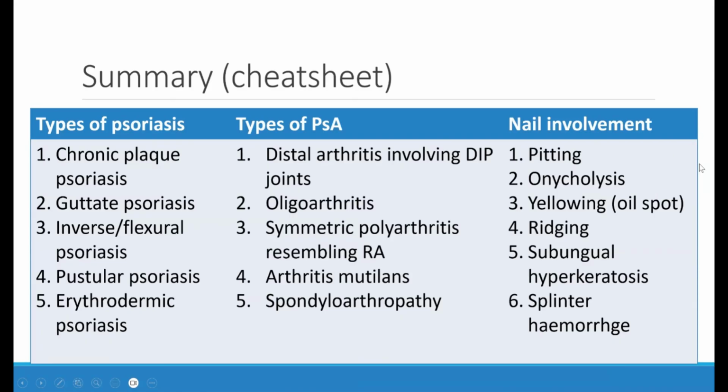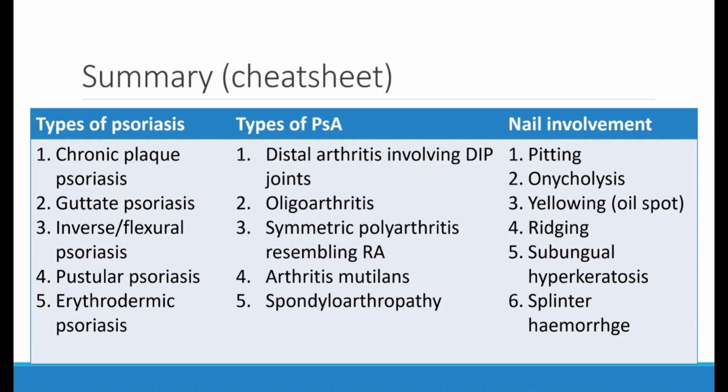So this is a summary or a cheat sheet for you for examination purposes. So types of psoriasis, there are 5 types, the most common being chronic plaque psoriasis, but you also have guttate psoriasis, inverse flexural psoriasis, pustular psoriasis, and erythrodermic psoriasis.